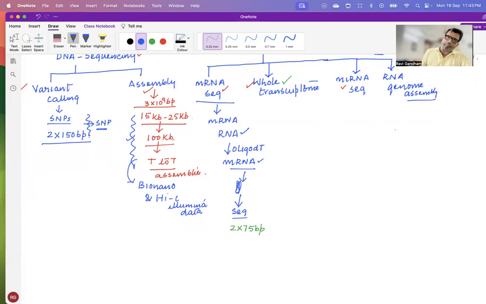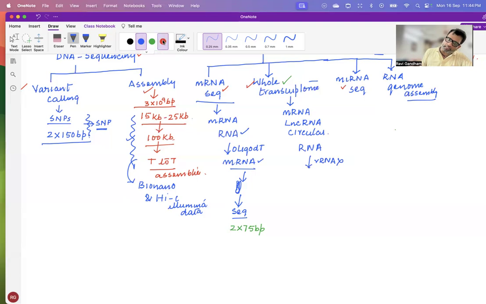Whereas here, when you go for whole transcriptome, you aim at sequencing your mRNA, you aim at sequencing your LNC RNA, and also your circular RNA. So here, the RNA that is taken is depleted of the rRNAs, means your rRNAs are removed.